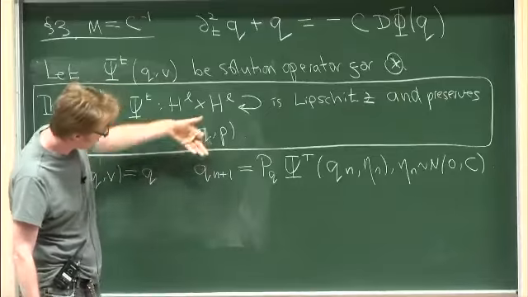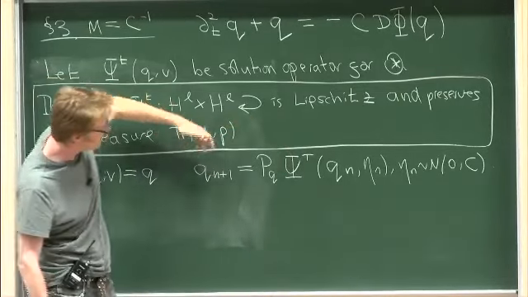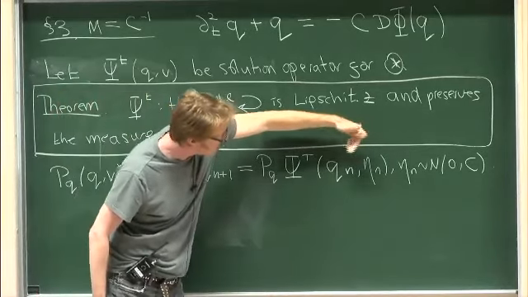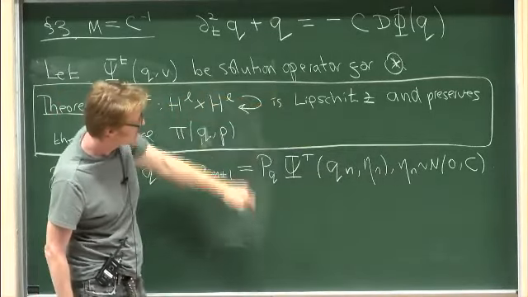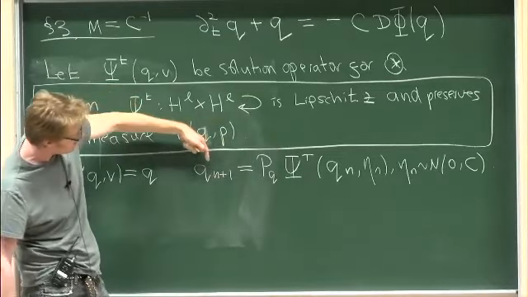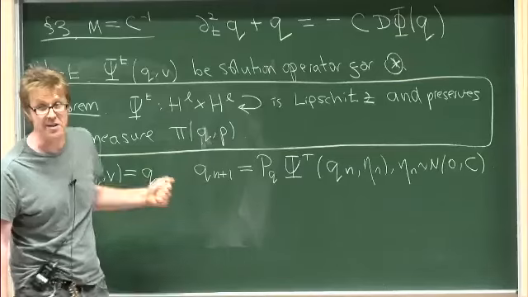It's, depending on your perspective, either obscure or clear. What it says is take the wave equation, randomize the velocities from this Gaussian for a fixed initial condition Q_n, and when you get to the end, project back onto the position coordinates. That gives you a Markov chain. Sorry.